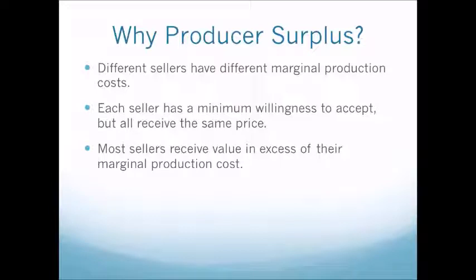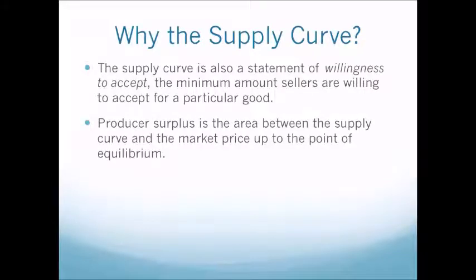Most sellers receive value in excess of their marginal production cost. The supply curve is also a statement of willingness to accept, the minimum amount sellers are willing to accept for a particular good. The distance between the supply curve and the market price at any specific quantity measures the producer surplus generated when that quantity is sold.